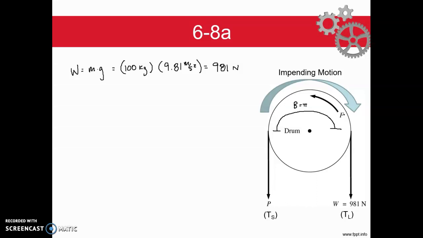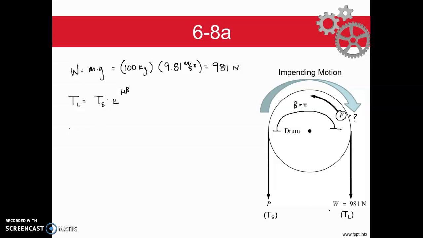And so what is this friction going to be equal to? The way we can determine that, it's going to be equal to the difference between these two, between P and W. And we're going to use that equation that we just introduced, that the large tension is equal to the small tension times e to the power of mu beta.